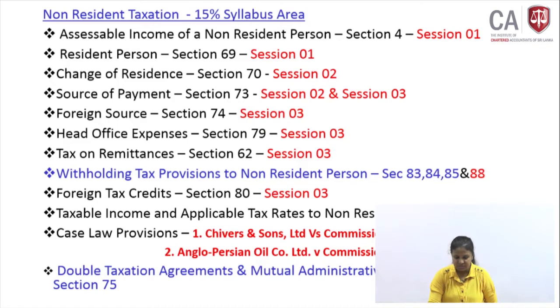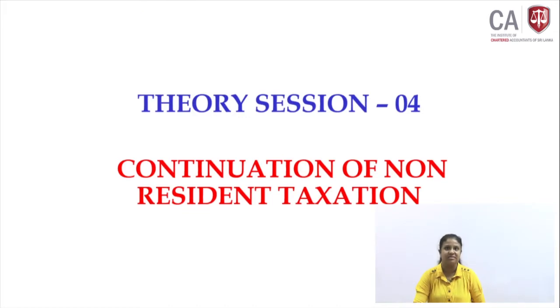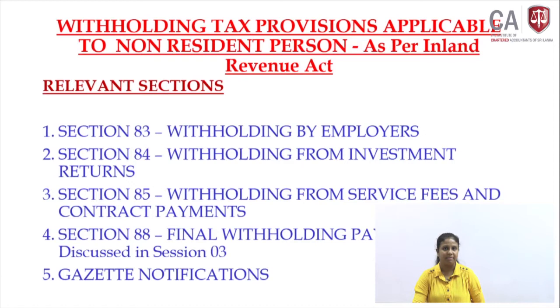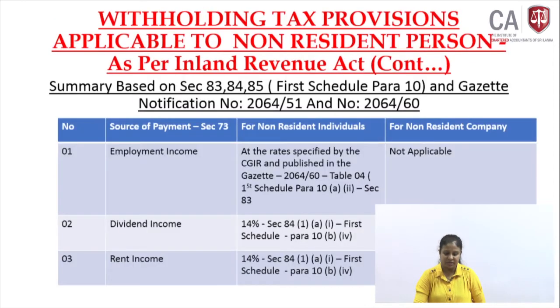If I go to the third point from the last, taxable income and applicable tax rates to non-resident person, I have just explained how to arrive at the taxable income, but the particular tax rates, specifically the withholding tax rate, I have not discussed. Today I am going to do that.